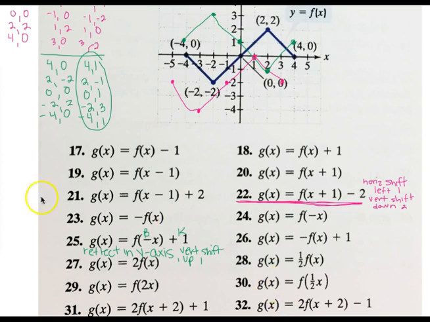I want to look at number 30, which is f of 1/2 x. The reason I wanted to do this one is because this is a b value that's a fraction. So if we are looking at just the graph itself, what we have here is a horizontal stretch by a factor of 2.